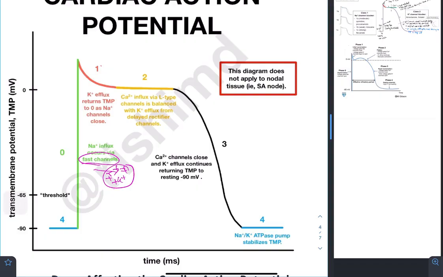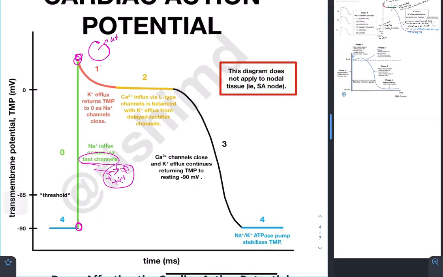Sodium channels, once open, rush inside through this fast channel and quickly raise the membrane potential from -90 all the way to beyond 0, making it more positive. It is at this stage that the potassium channel is open and potassium starts leaking out.